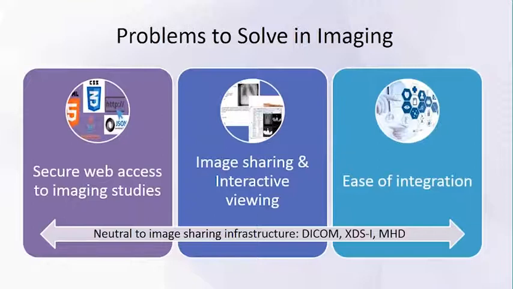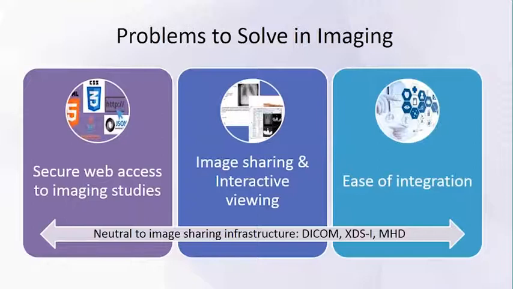And last but not least, we want the images to be integrated into the rest of the ecosystem in a clinical setting, just as easily as other information. Traditionally, we have had imaging as a separate island, because it has special needs such as a special viewer, but that becomes more and more difficult. So we want to make sure that the integration part is just as easy as the rest.